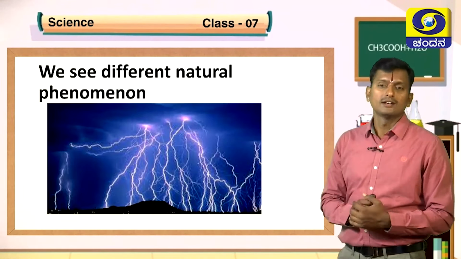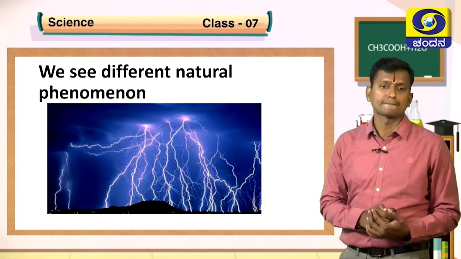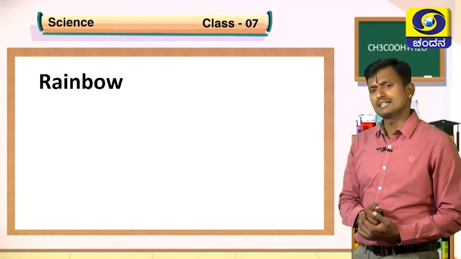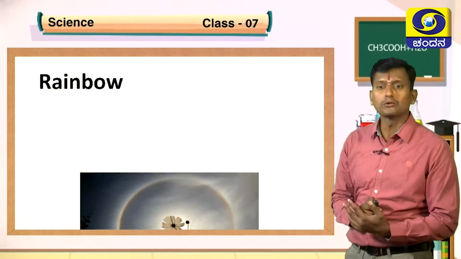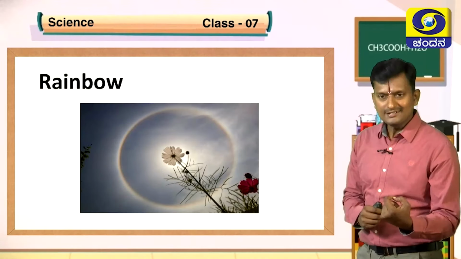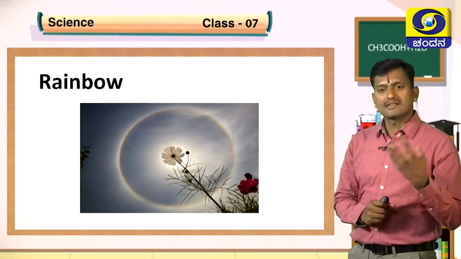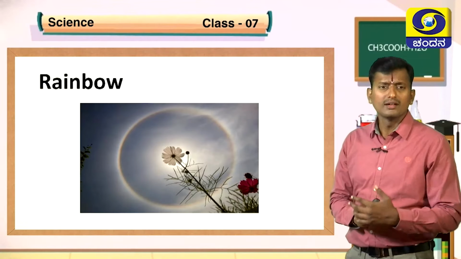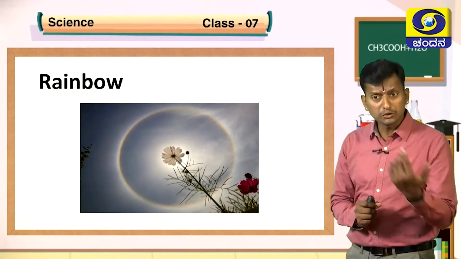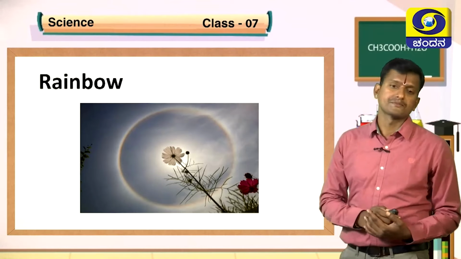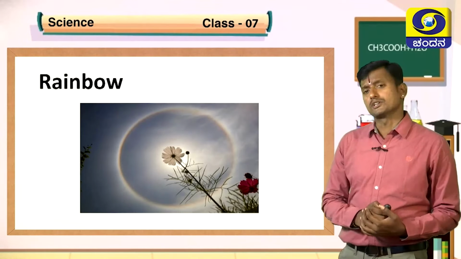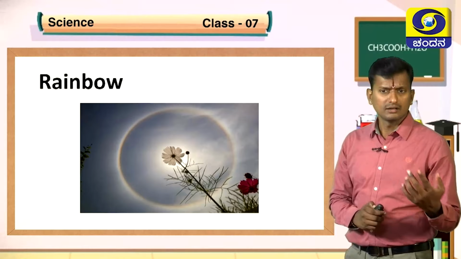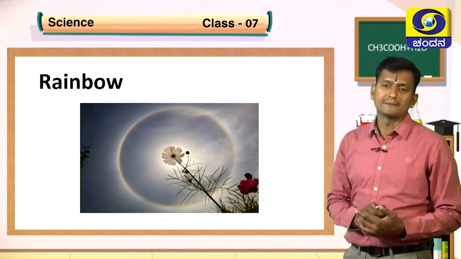It's the lightning during rainy season. In the same way, we see a beautiful rainbow during rain and sunlight. When sunlight falls on the raindrops, we see a beautiful rainbow. It may be circular, it may be curved. It's one of the natural phenomena which can make us happy to see.